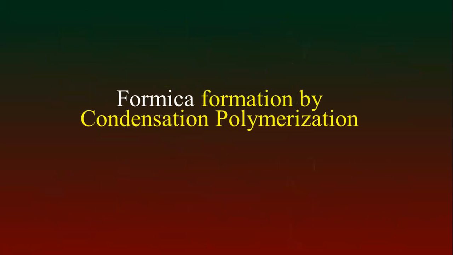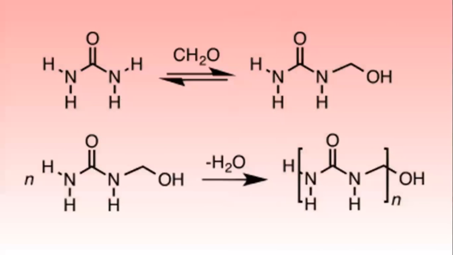Okay, next the Formica formation by condensation polymerization. For the formation of Formica, just use the monomeric compounds formaldehyde and urea. Another name for Formica is urea formaldehyde resin. When urea and formaldehyde react with each other, the product is known as Formica.